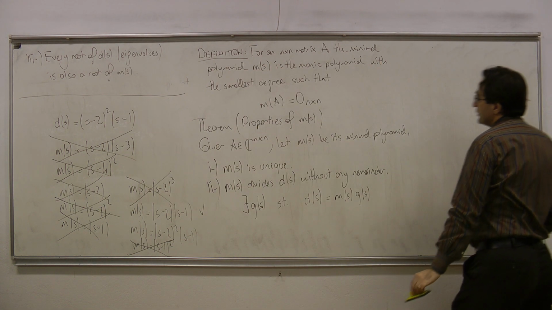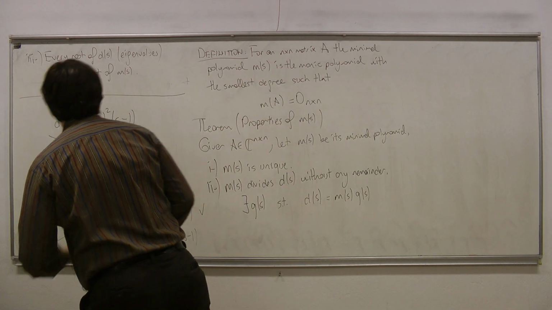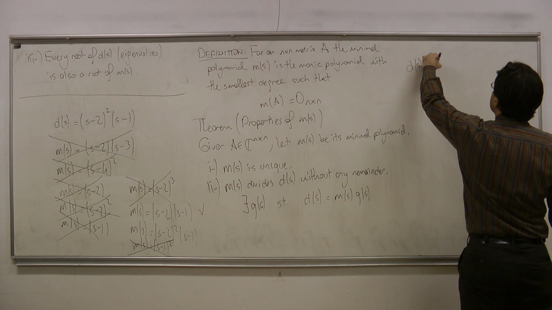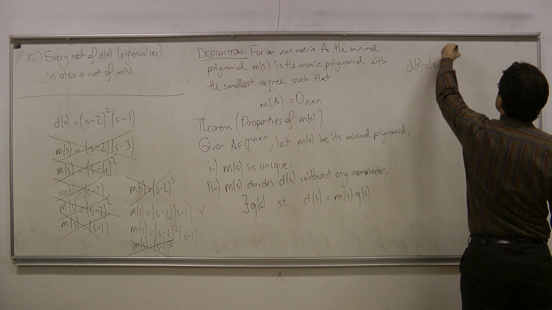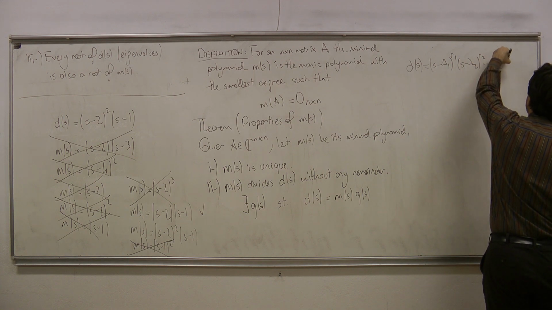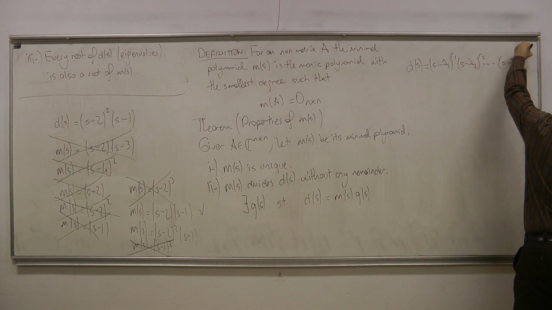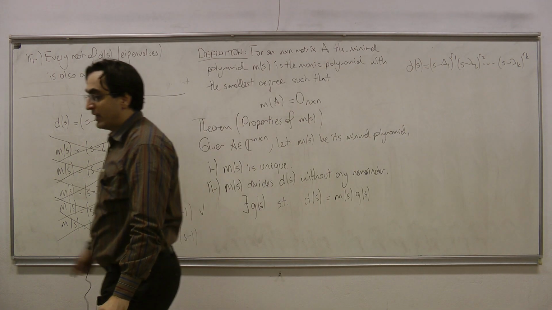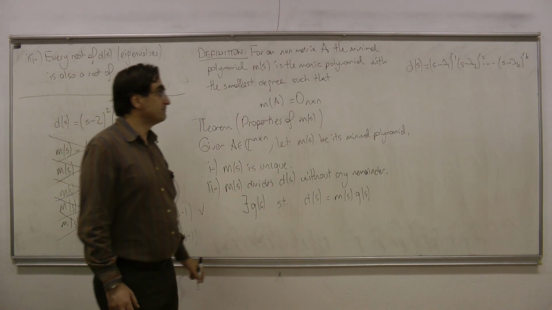characterization. Suppose that our d of s is in the following form: s minus lambda 1 to the r1, s minus lambda 2 to the r2, going until s minus lambda k to the rk. Suppose that there are k distinct eigenvalues. Okay?